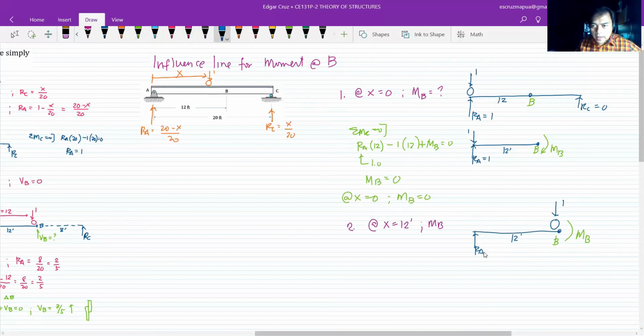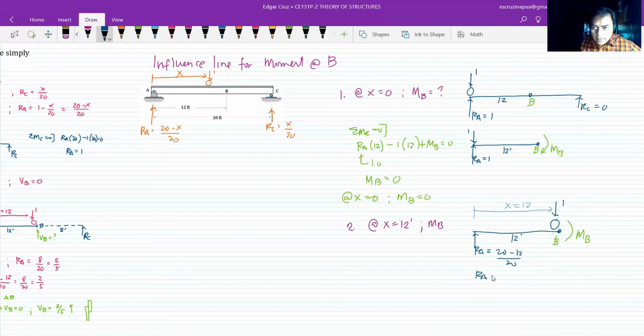What is our RA kapag yung unit load natin is nasa x equals 12? So ano RA natin? Diba RA natin is 20 minus 12 over 20. So therefore, ang RA natin is equal to 8 over 20, or that is divisible by 4, 2 over 5. So yan yung RA natin.